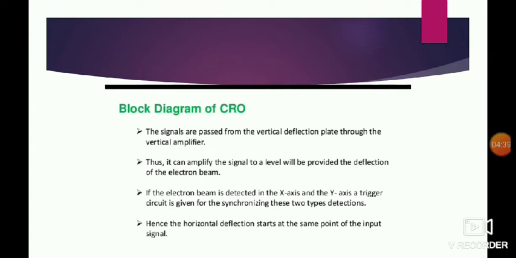Thus, it can amplify the signal to a level that provides the deflection of the electron beam. If the electron beam is deflected in the x-axis and y-axis, a trigger circuit is given for synchronizing these two types of deflection. Hence, the horizontal deflection starts at the same point of the input signal.